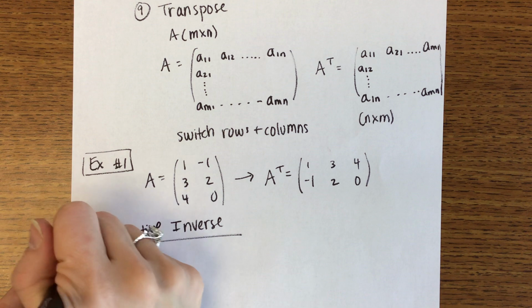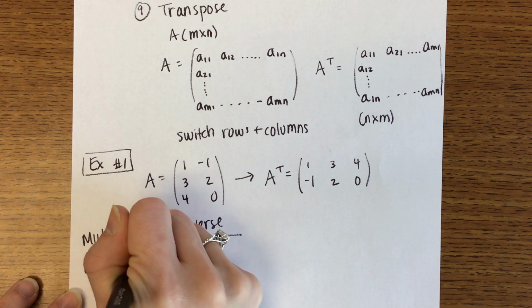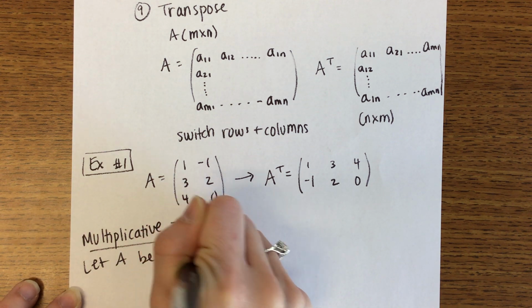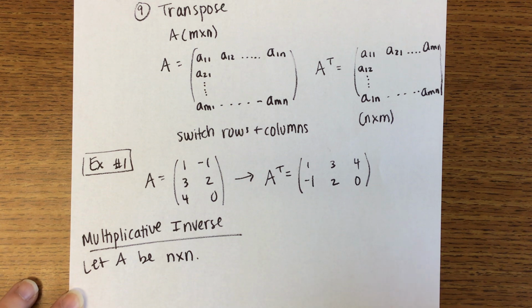Okay, so here's the idea with multiplicative inverse. Let's say that we have some matrix A, and it is a square matrix. It's n by n.